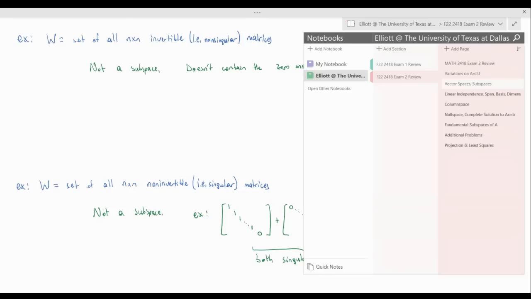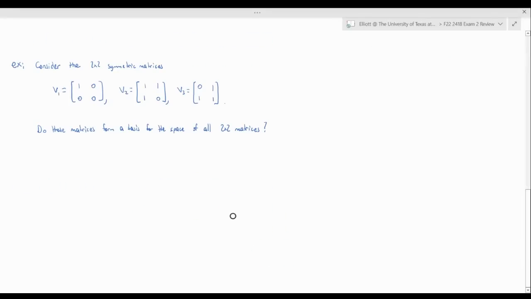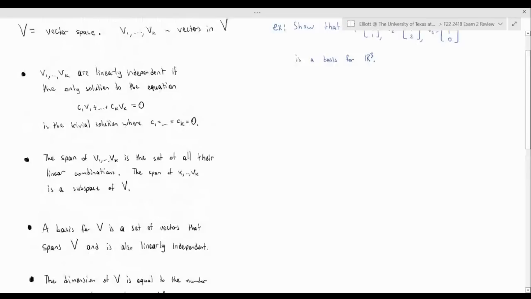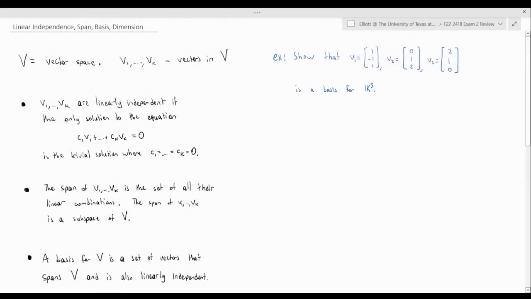So I guess let's go on to another topic. I figured I should talk a little bit about linear independence, span, basis, and dimension.